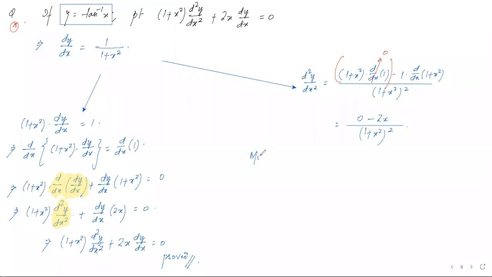Now, if I multiply both sides, multiplying both sides by 1 plus x square. अच्छा.